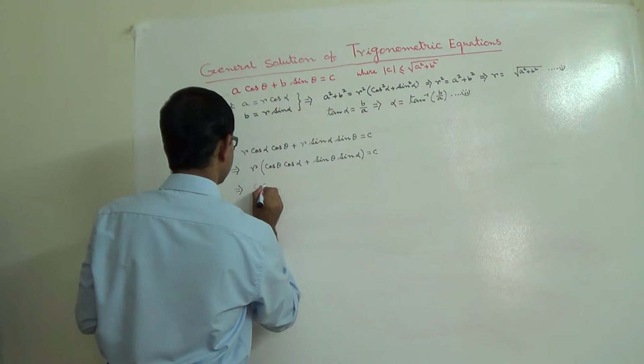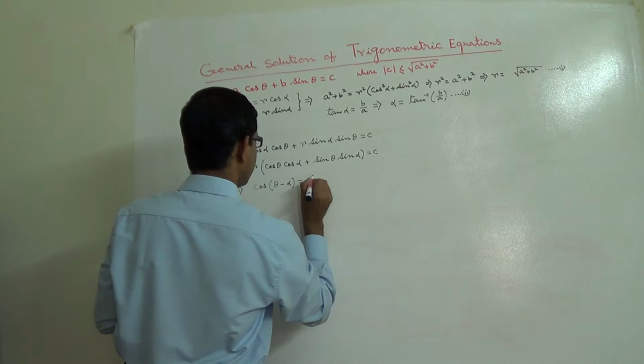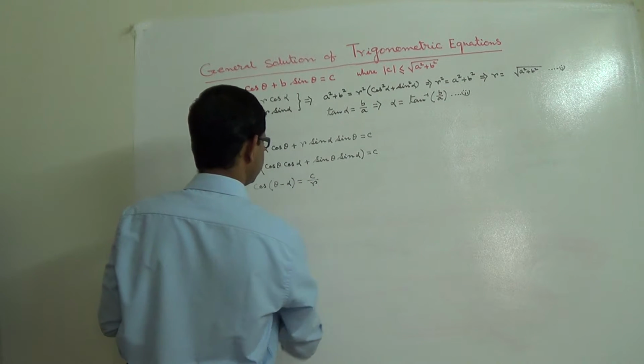So this implies cos of theta minus alpha is equal to C by R.